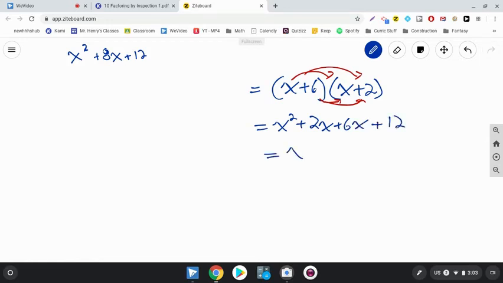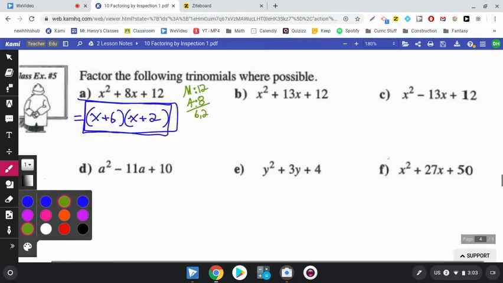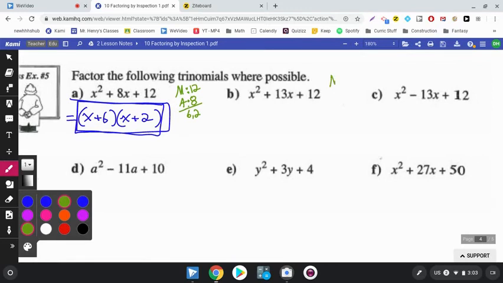I get x squared plus 2x plus 6x plus 12. And I combine my terms in the middle, and absolutely I get x squared plus 8x plus 12. So all I'm doing is writing the same thing in a different way. In this case, I want to write it back as multiplication. Factoring is all about writing it in a more convenient way.